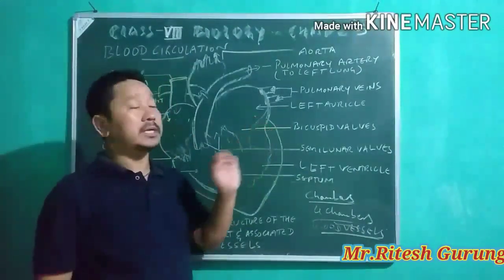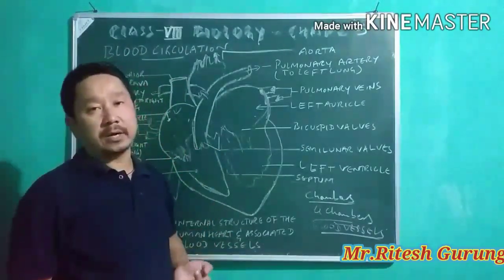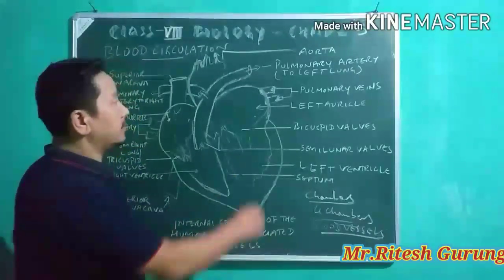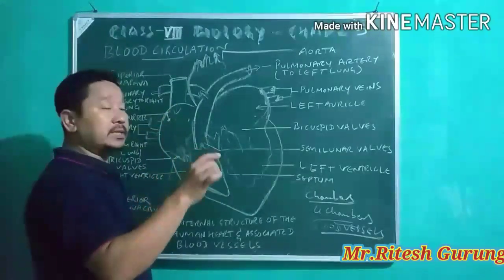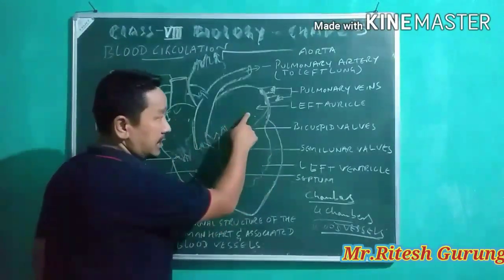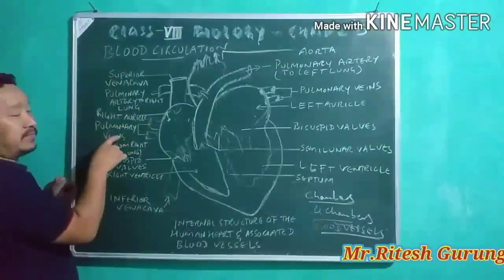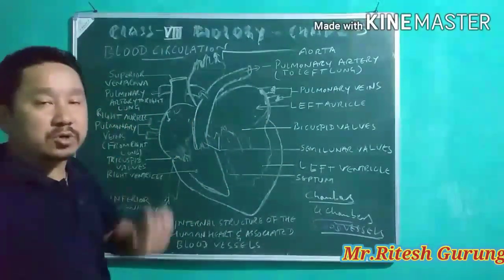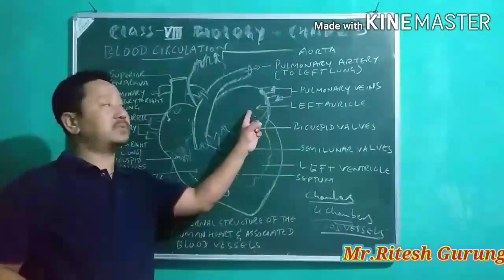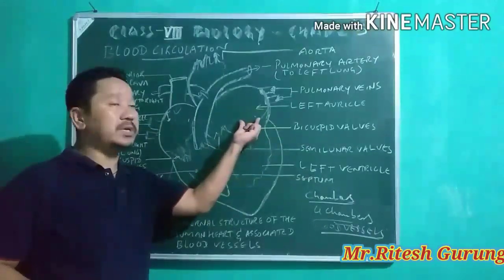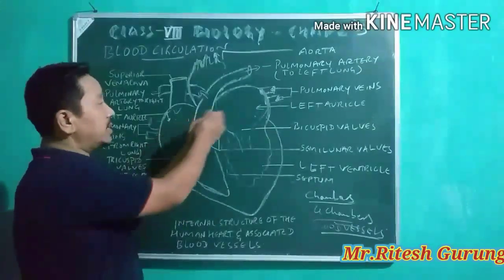The left auricle receives the pure blood from the 2 different lungs, right lung and left lung. These pulmonary veins bring the pure blood into the left auricle, and I have told you before also, these pulmonary veins bring the pure, oxygenated blood from the right lung into this left auricle. That means now the left auricle receives the pure blood here. Same time, here impure blood, here pure blood.